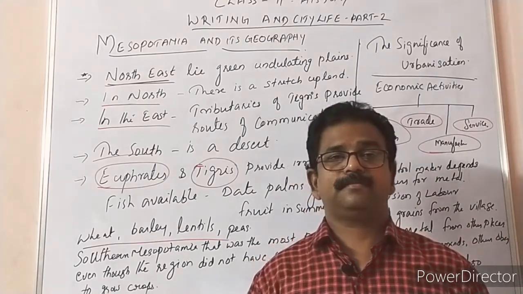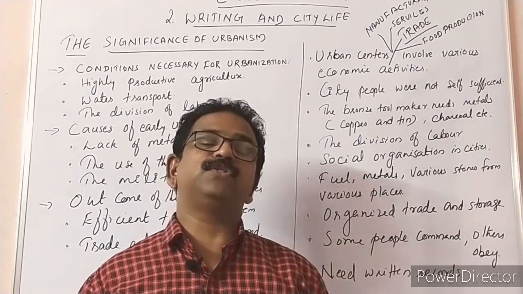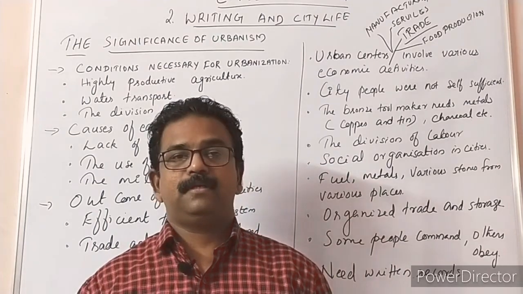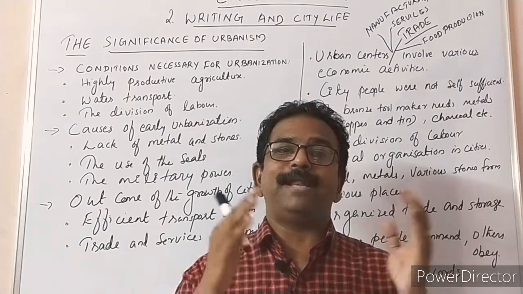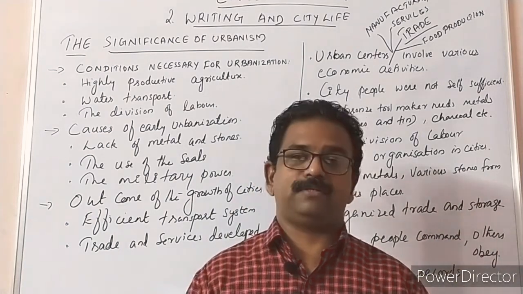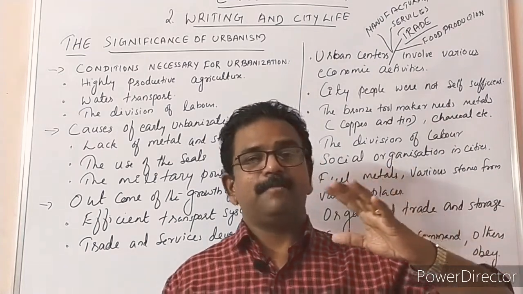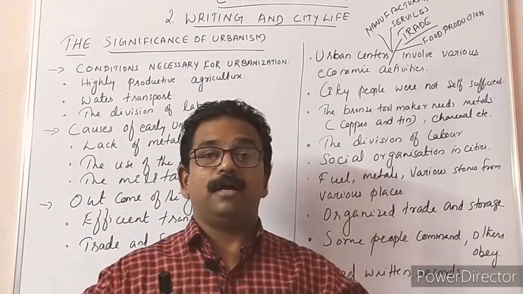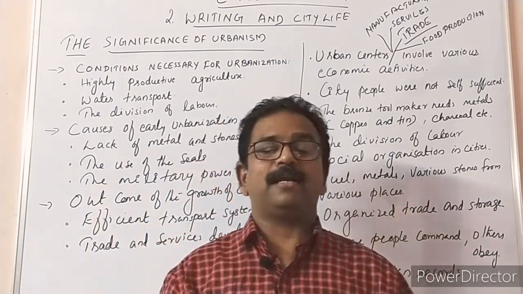Right? The next is the significance of urbanism. Cities and towns are not just a place with a large population. Don't think so. Like other cities, Mesopotamian cities also have large populations and crowded areas like that.